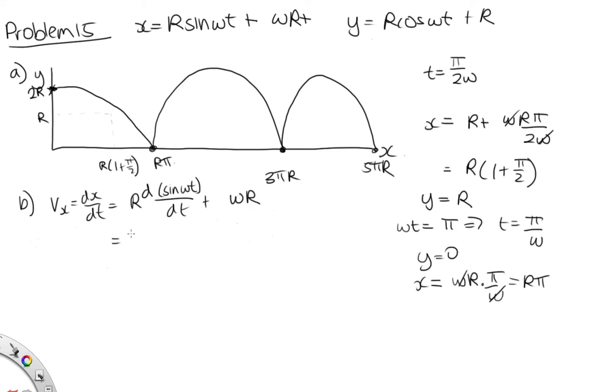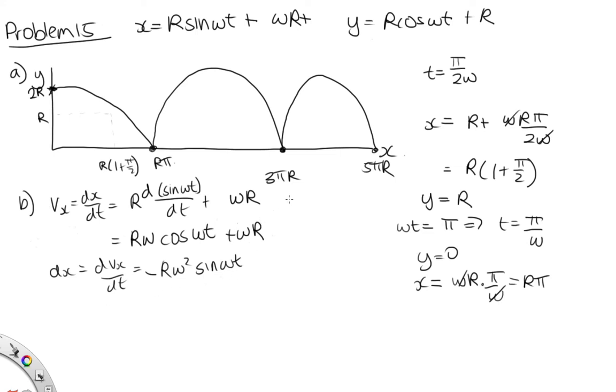Taking the derivative of this, we get r omega cos omega t plus omega r. The acceleration in the x direction, we take the derivative of this, so this is dvx dt, which is equal to r omega squared sine omega t with a negative, and this is constant, so when you take its derivative it disappears.